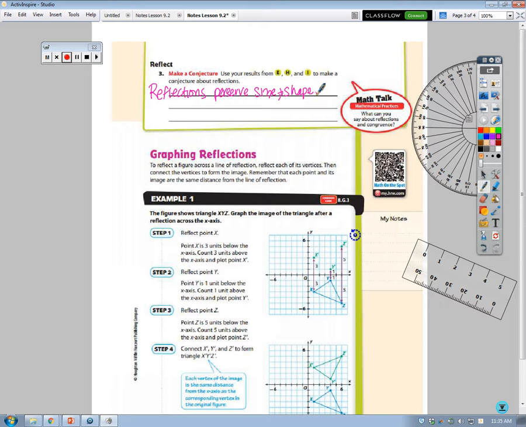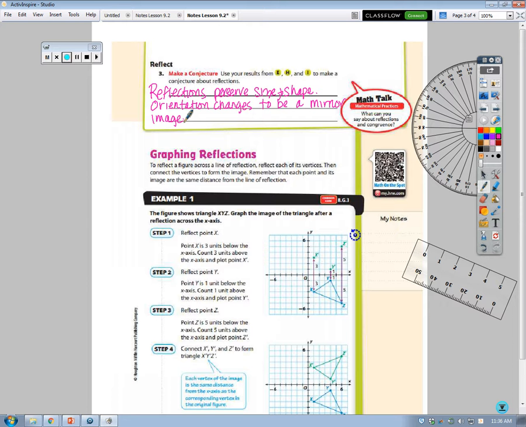But orientation does change, right? And it changes in the fact that it is a mirror image of the original. Orientation changes to be a mirror image, because we flip it across a line of reflection.